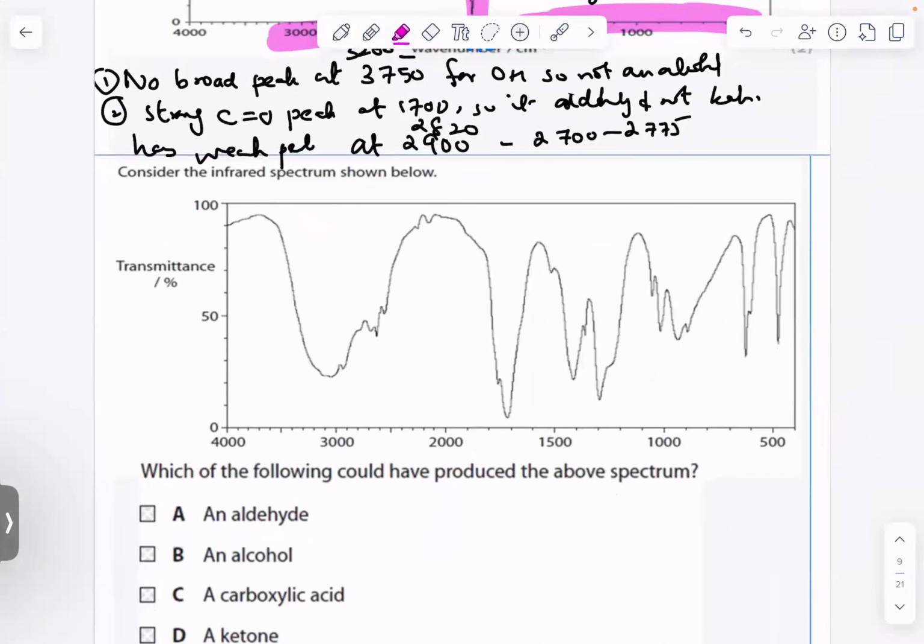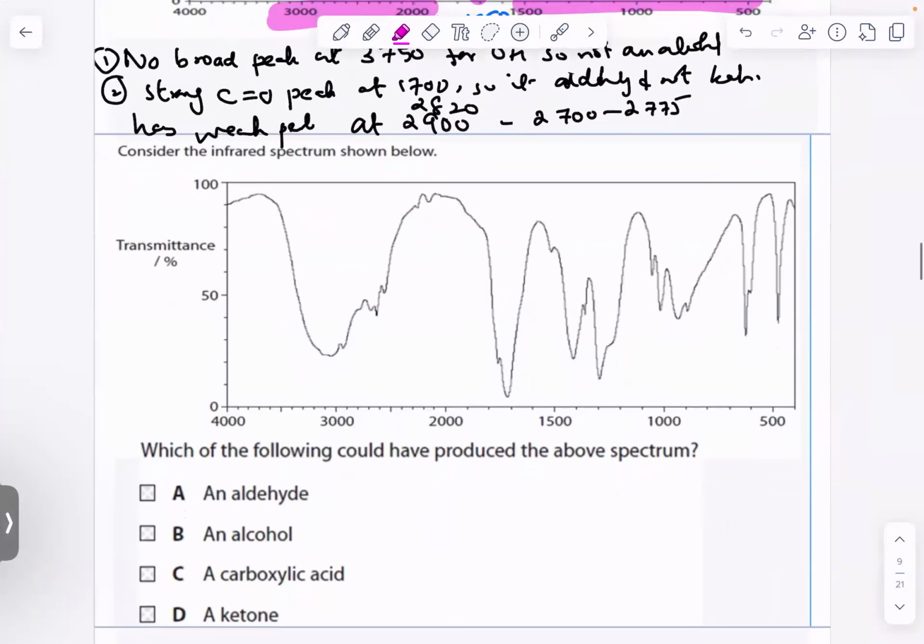Consider the infrared spectrum shown below. Which of the following could have produced the above spectrum? An aldehyde, an alcohol, a carboxylic acid, or a ketone? Now, this is in front of you. Take your time. I'm going to explain it afterwards.